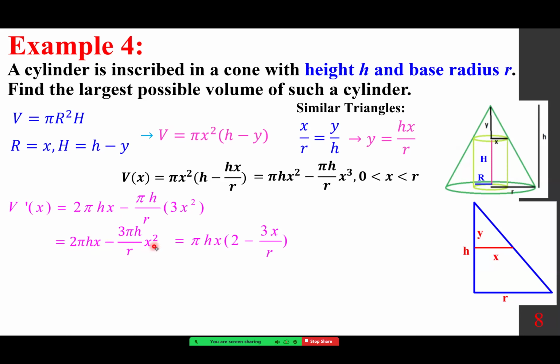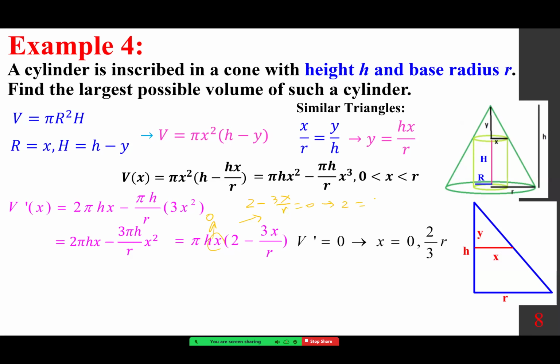We set this equal to 0, and either this one is 0, that means x is 0, or this one is 0, that means x is 2/3 r. So I want to make sure we understand what happens here. Either this one is 0, or 2 minus 3x over r is 0.